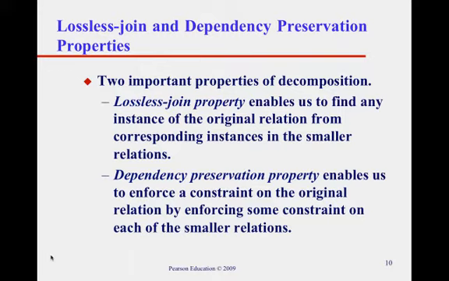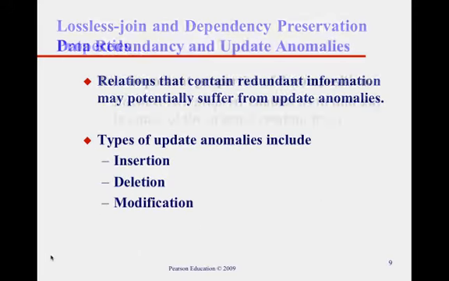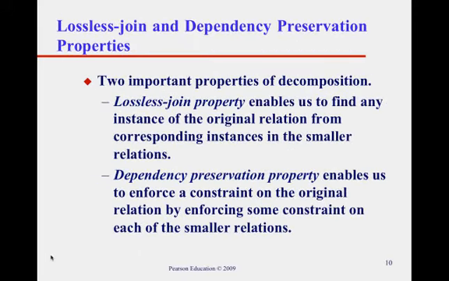And then the second thing is that if we had some constraint on the original relation, that constraint is still enforced in the decomposed relation. So for example, one of the problems in staff branch is that the branch number uniquely determines the branch address.